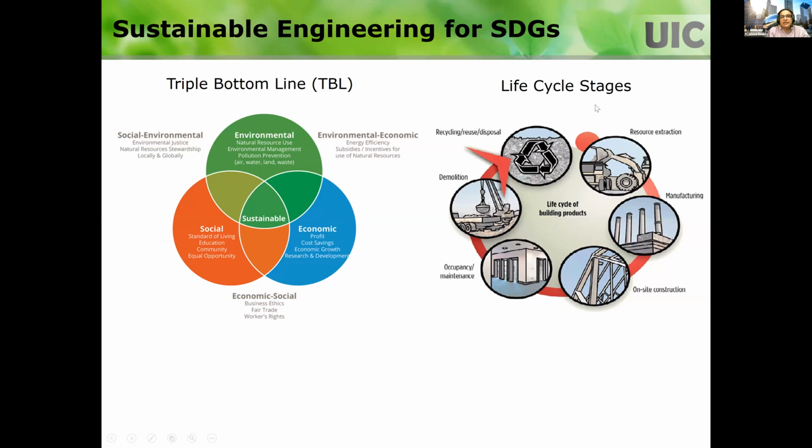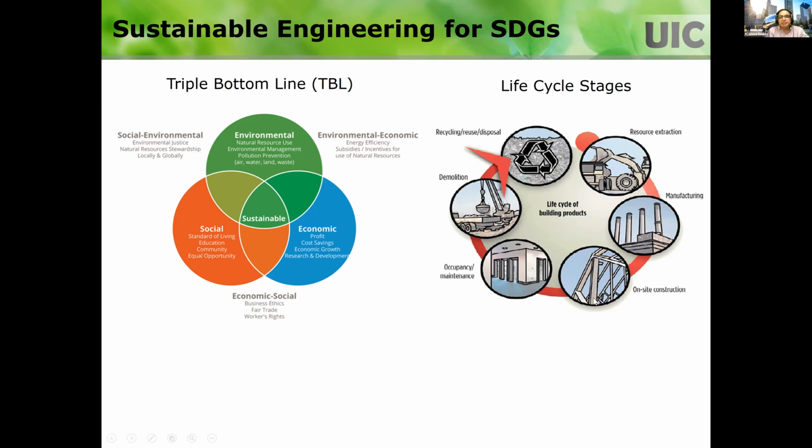And we also need to think about life cycle stages. A lot of times, we civil engineers think materials will magically come to the site, we construct it, and we start maintaining, and after that, we're going to dispose of it. Not like that. We need to think about resource extraction, like going back to mining, manufacturing of the materials, and then on-site construction, maintenance, and then after demolishing, how much you're going to recycle, how much you're going to dispose.